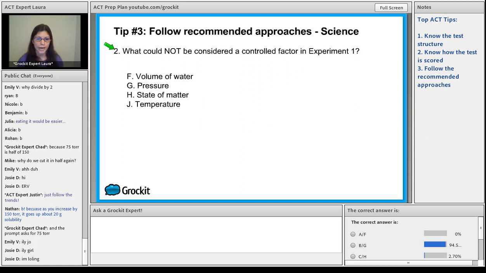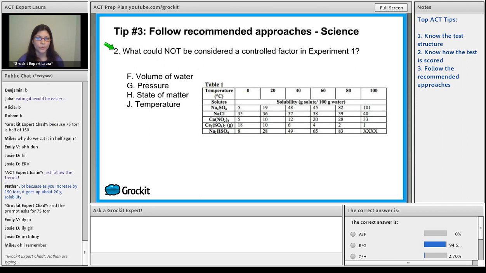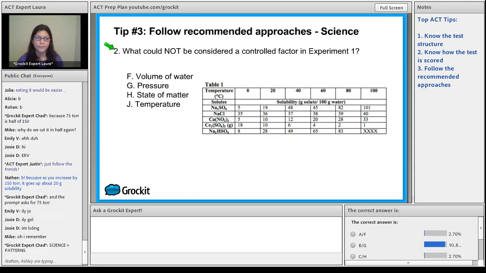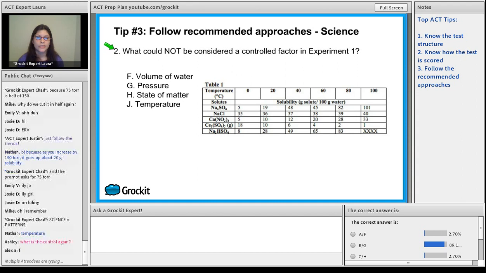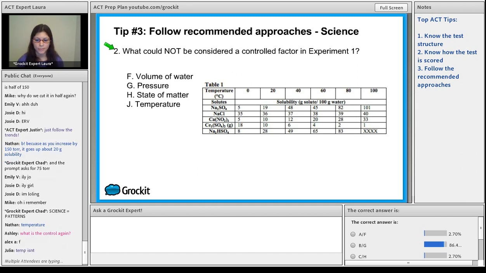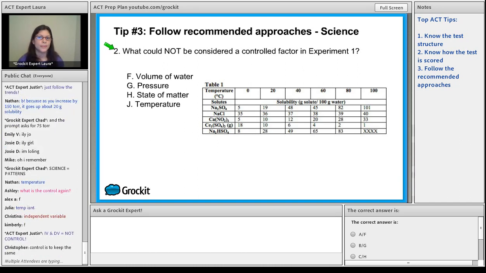But before we do that, let's take a look again at experiment 1. And we have to figure out what is not a controlled factor. Well, I can tell you for sure, 2 things that are not controlled factors are the variables. So if you see an independent or a dependent variable listed in here, then you know there's got to be something to that.